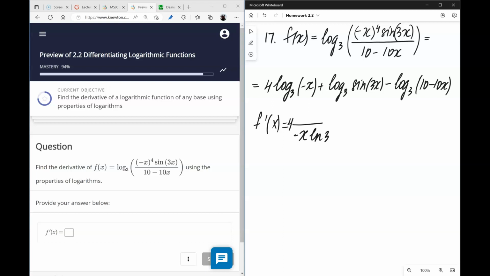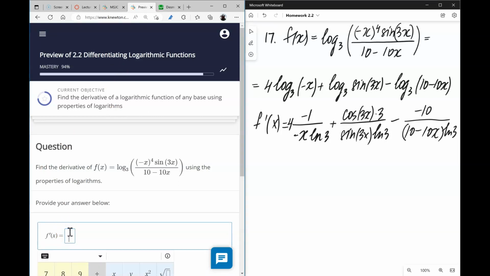We have 4 over here outside, and the derivative of negative x is just negative 1. Plus, we have sine of 3x in the denominator along with ln 3 times the derivative of sine, which is cosine of 3x. By the chain rule, we also multiply by 3. Minus 10 minus 10x in the denominator along with ln 3 times the derivative of 10 minus 10x, which is negative 10.